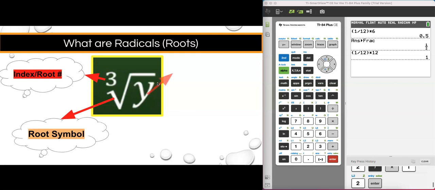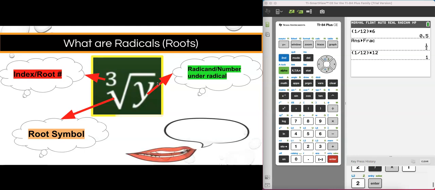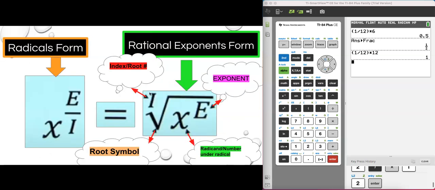Then you have the radicand, which is just the number under the radical. We're not going to get too technical about that. Just know that there is a number underneath that radical. If this number was 4, it would be the fourth root of whatever is under here. Or if this little number up here was 3, or 8, it would be the 8th root of whatever is under there. All right, let's move on.